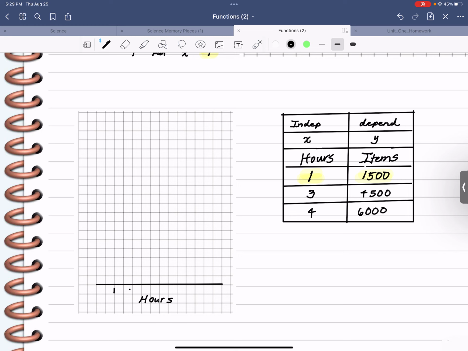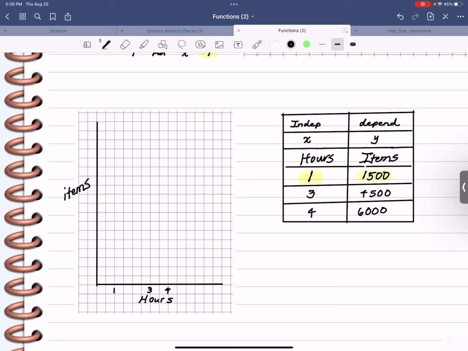It doesn't give us a value for 2, but it does for 3, and it does for 4. So technically, we don't know 2. That's okay. And then the vertical axis, the y, is also your dependent variable.